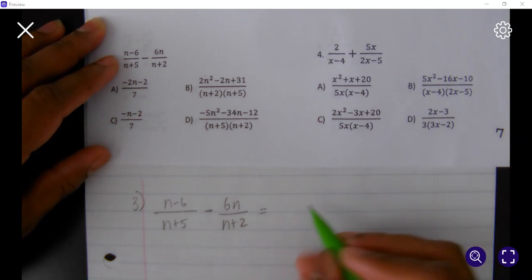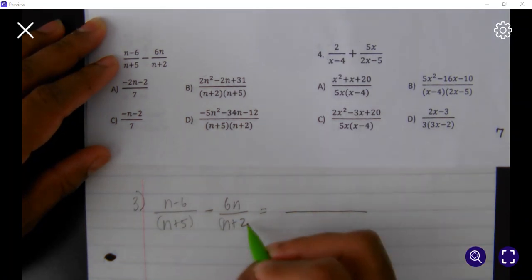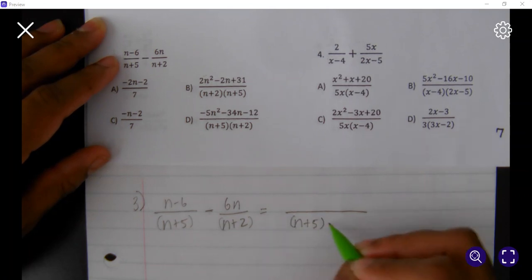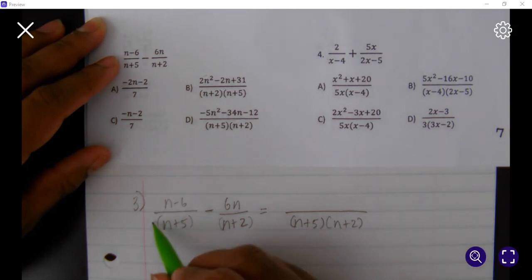So what I'm going to do is I'm going to go ahead and in the denominator, I'm just going to put these two as being multiplied because that's going to end up being my common denominator. And in the numerator, you can go ahead and multiply these two.